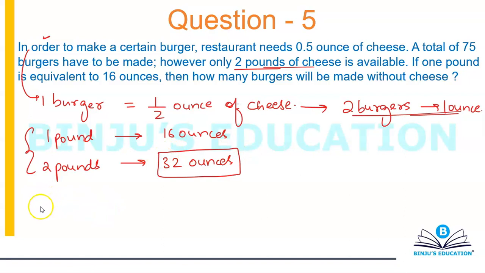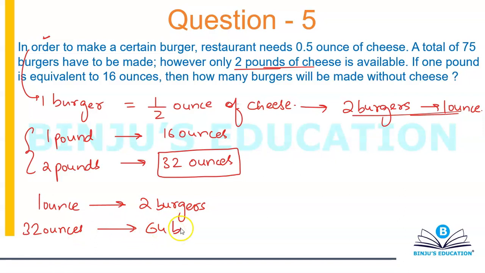So if 1 ounce is giving me 2 burgers, then 32 ounces will basically give me 64 burgers. Now the question also says that a total of 75 burgers have to be made. We need a total of 75 burgers.